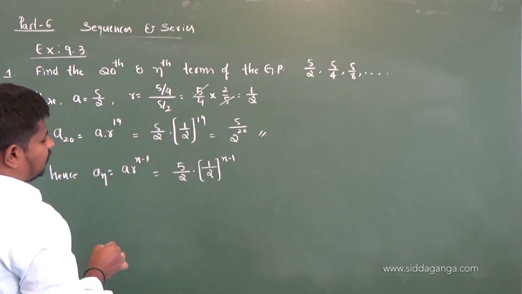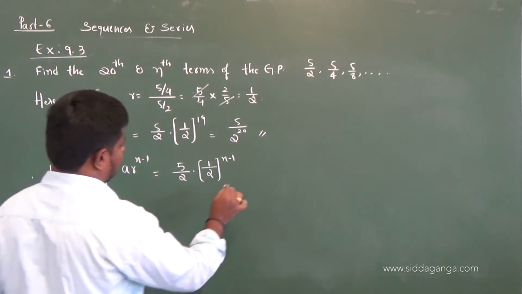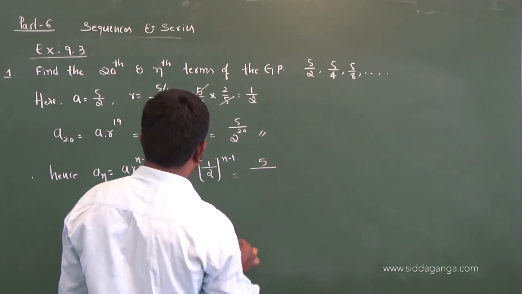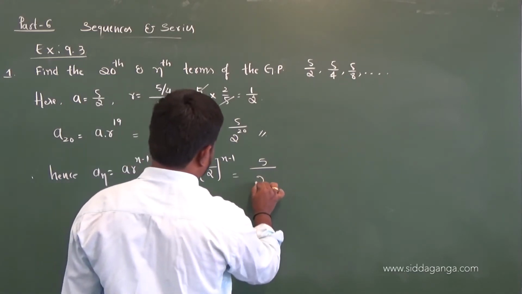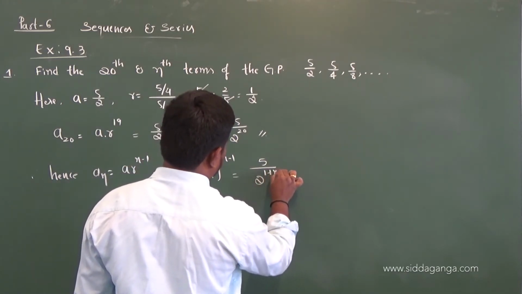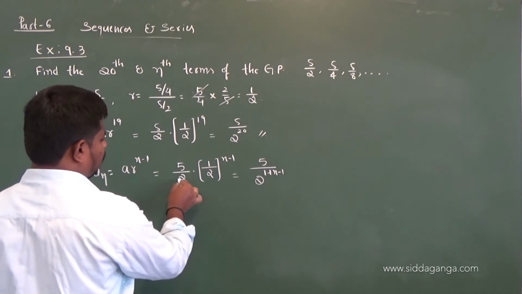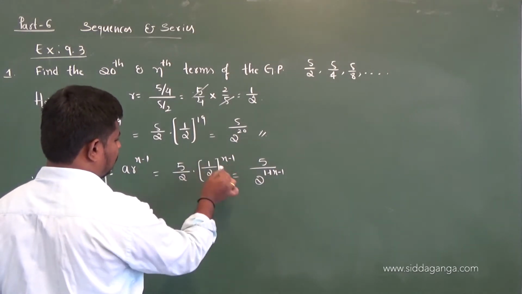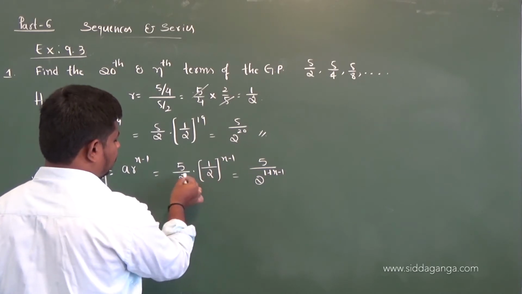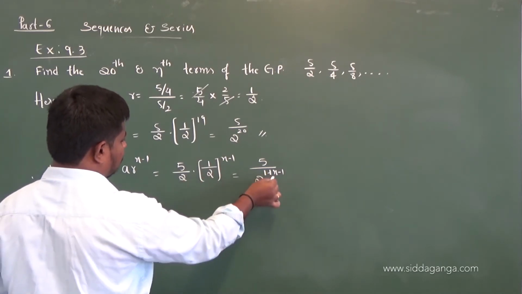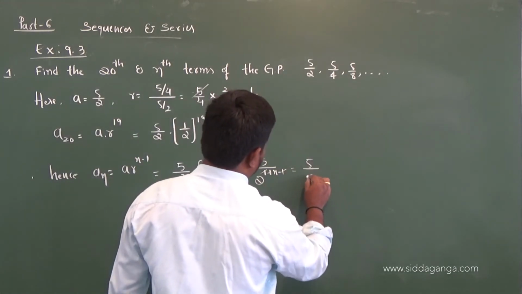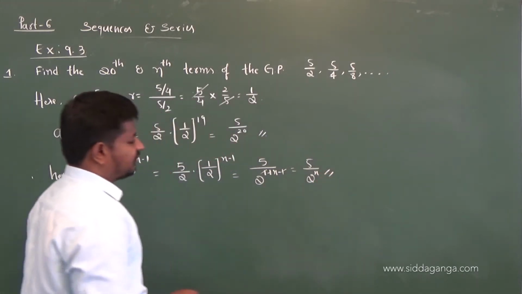So this can be written as 5 by 2 power of n, you mean 1 plus n minus 1, so 2 power of n minus 1 into 2 power of 1, so 2 power of 1 plus n minus 1, so you get 5 by 2 power of n. This gives the nth term of this geometric progression.